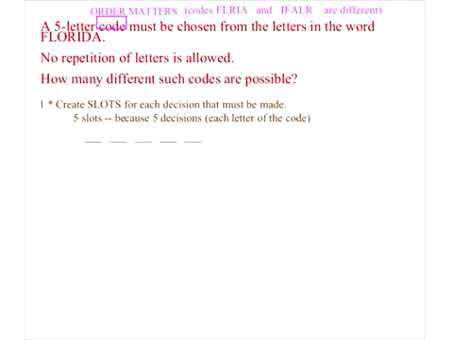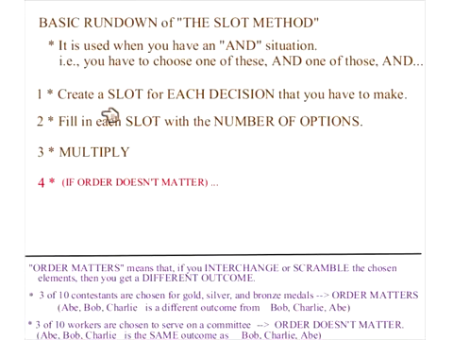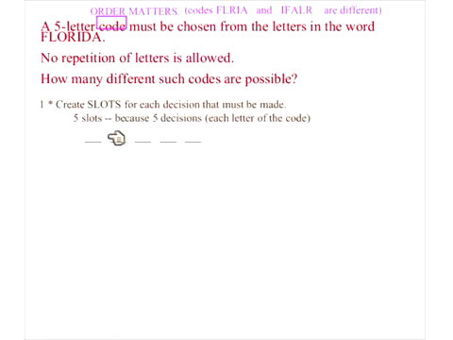All right. Now what you do, as written here, is you fill in each slot with a number of options. What numbers go in these slots? How many options are available for each of these? Go ahead and type in the text box. Yeah, okay, so some of you are just giving me the number for the first slot, but here are your slots, and then your numbers of options are 7, 6, 5, 4, 3.